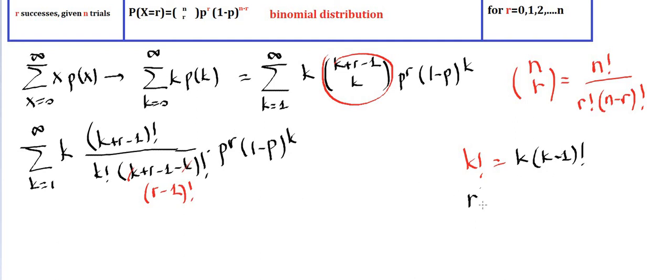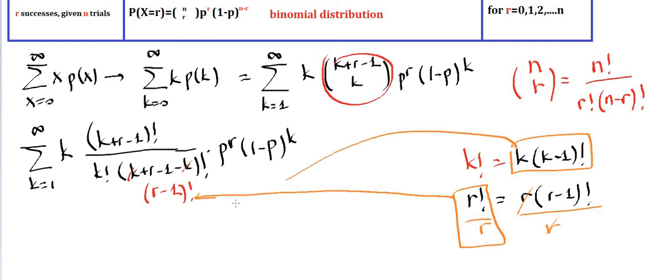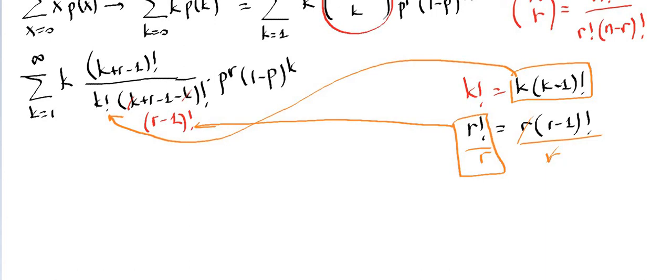And r factorial will be r times r minus 1 quantity factorial, and if you divide both sides by r, r minus 1 quantity factorial is equal to this expression. So we're going to substitute this here, and we're going to substitute this for k factorial. So we have summation k from 1 to infinity, k times k plus r minus 1 quantity factorial.